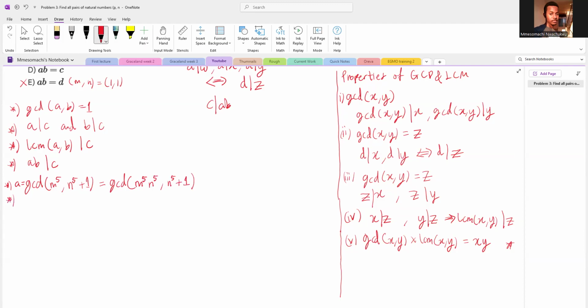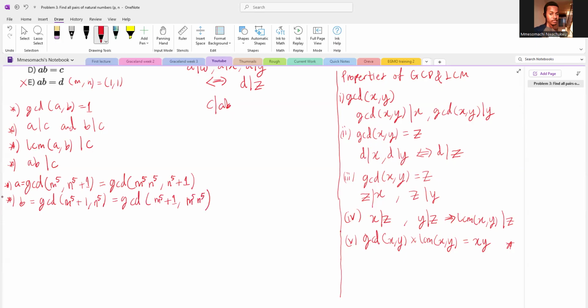And I want to show that B is equals to, so this is how B is defined. I want to show that B is equals to, okay?